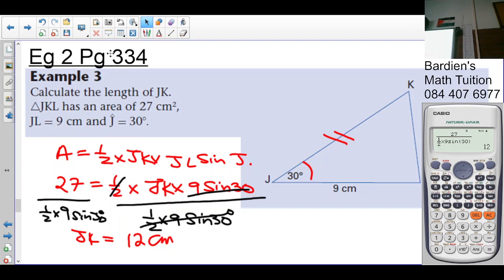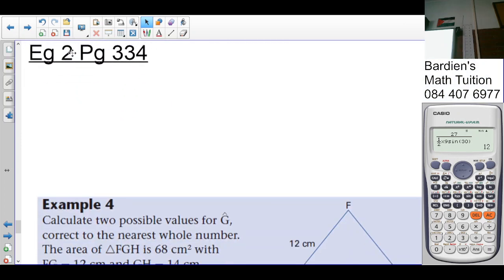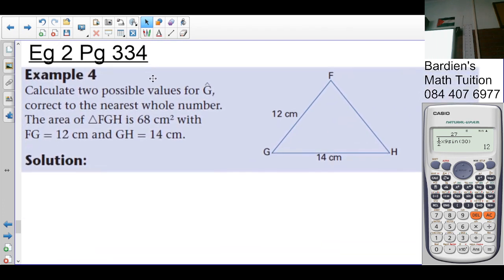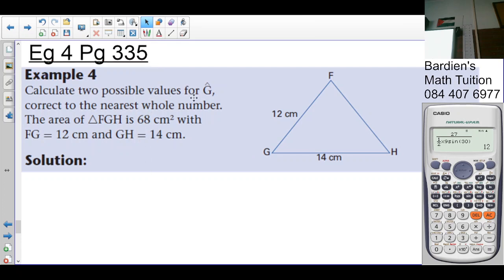Okay, we'll try another one. Example 4. This one, page 335. Is that correct? Calculate two possible values of angle G, to the nearest whole number.